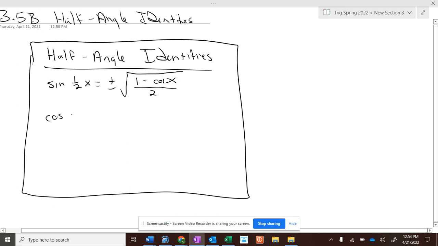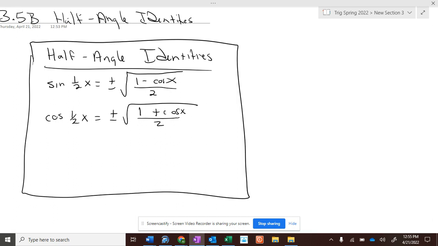The cosine of 1/2 x equals positive or negative the square root of 1 plus the cosine of x over 2. So sine is minus and cosine is plus.